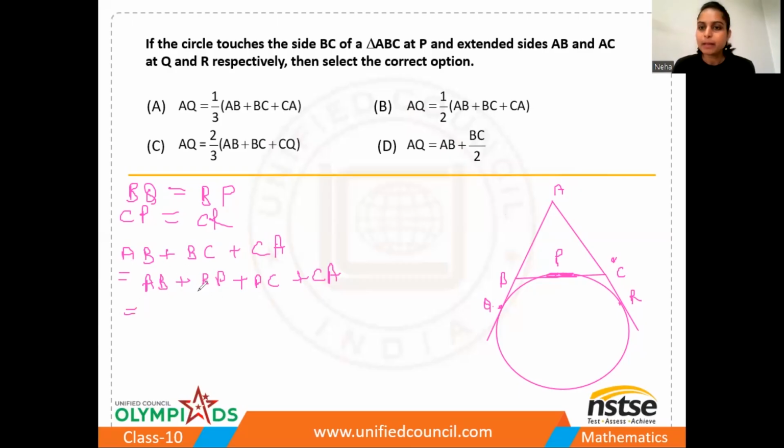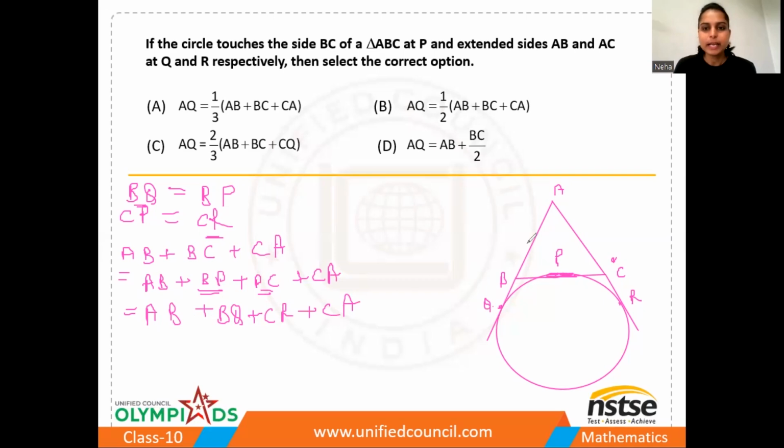This is AB plus BP plus CP plus CA. AB I can write directly as AB, and AC directly as AC. But BP is equal to BQ and CP is equal to CR. So I can put these here: BQ plus CR plus CA. That is done.